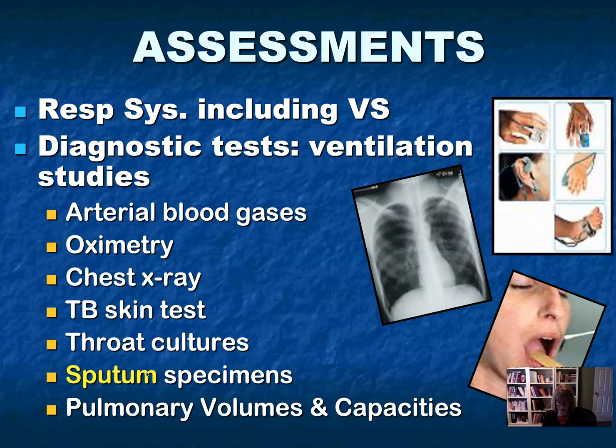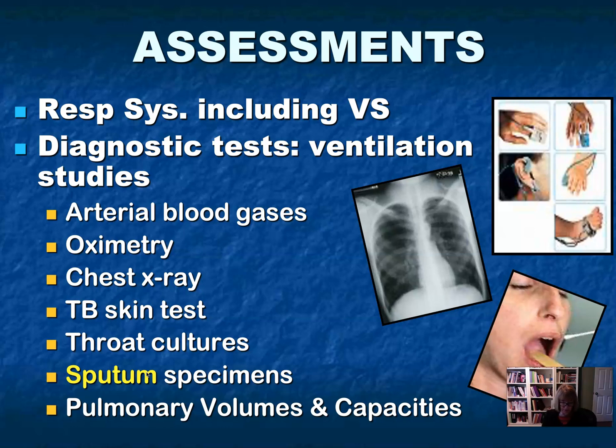Sputum specimens, this is another one, rinse the mouth with water to reduce that contamination by oral microbes. Have them breathe deeply a few times and then cough deeply from their diaphragm. You want them to cough deep so that they're hopefully producing those sputum plugs into a sterile specimen container.